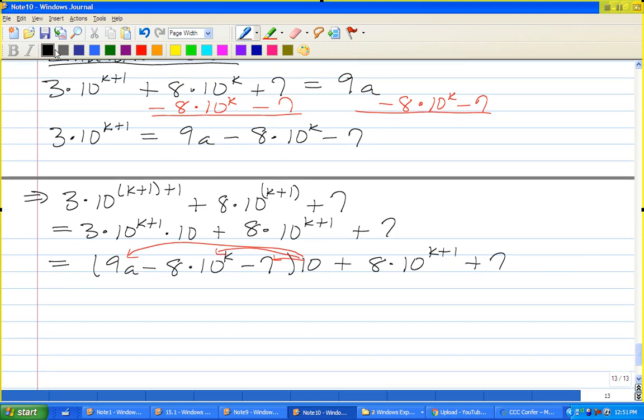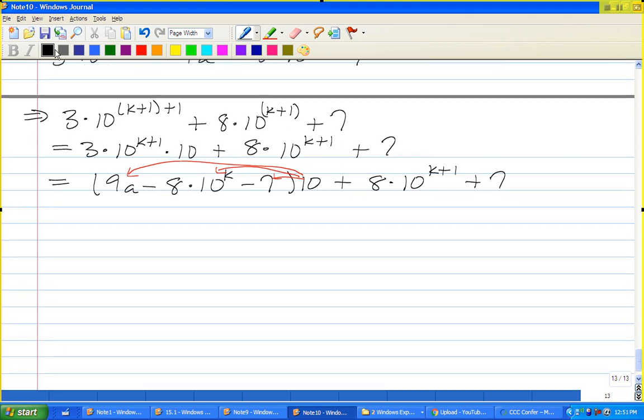So this is equal to 9 times 10 is 90a minus 8 times 10^k times 10 is 10^(k+1) minus 70 plus 8 times 10^(k+1) plus 7. Notice that the 8 times 10^(k+1) terms cancel.